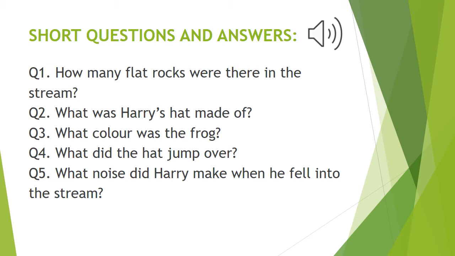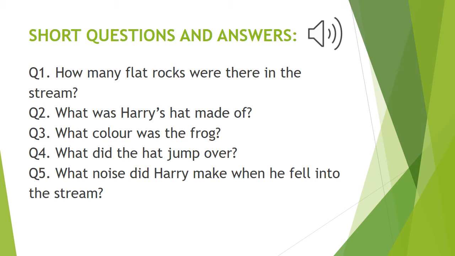Now question number 2. What was Harry's hat made of? You have to write the material Harry's hat was made of, and you can find the answer to question 2 on page 10. Question number 3. What color was the frog?